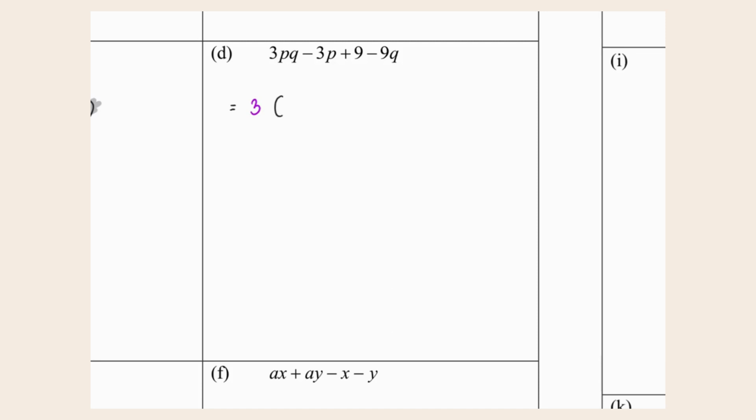And after I take out 3 as the common factor, I'm left with pq minus p plus 3 minus 3q. So there is this 3 that is always outside. And now, with the remaining 4 terms inside, I'm going to break them out into 2 groups for me to continue to factorize.